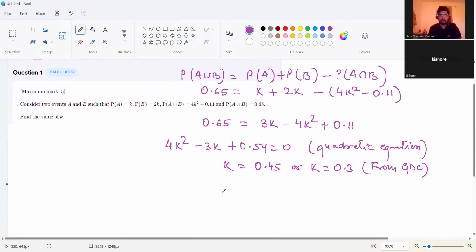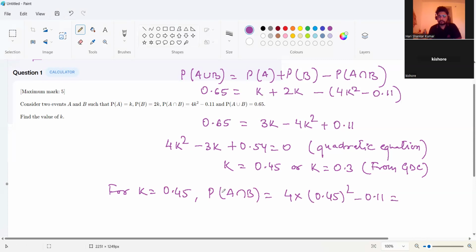Now, I'll check which one is valid. So I'll substitute k as 0.45 in P(A intersection B), which is 4 times k squared minus 0.11, which I'm getting as 0.7.